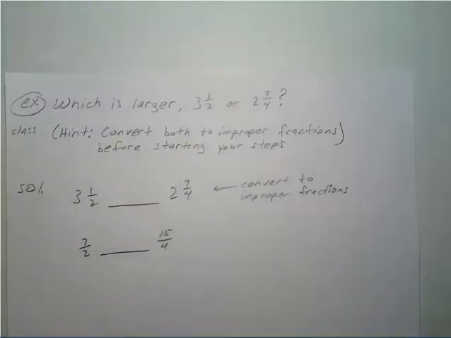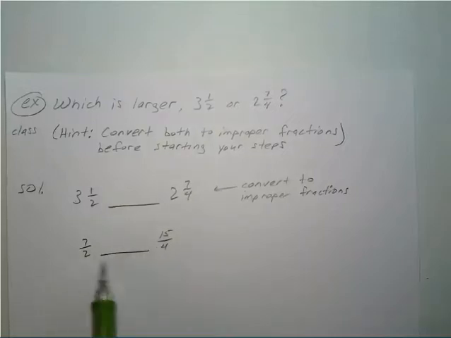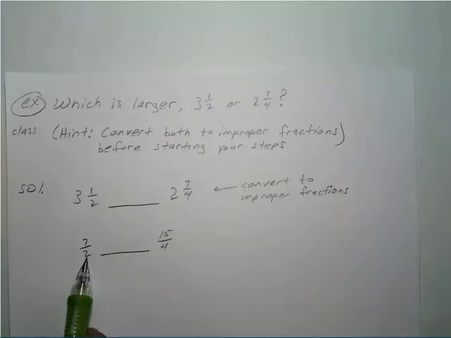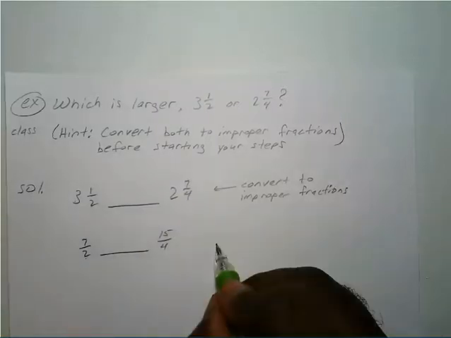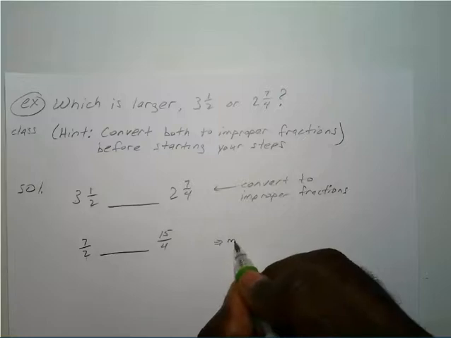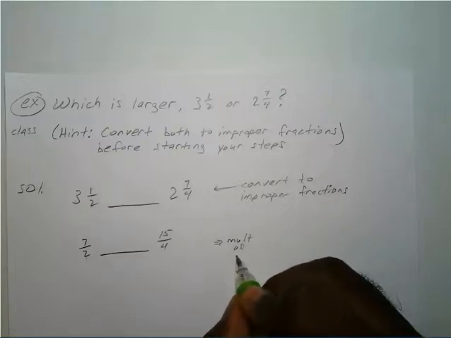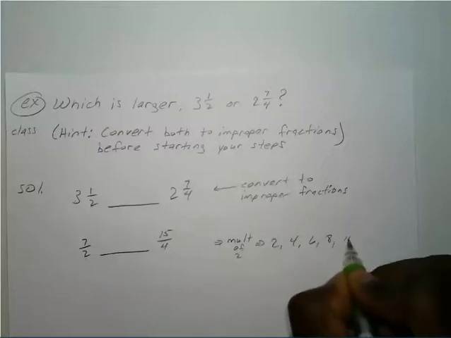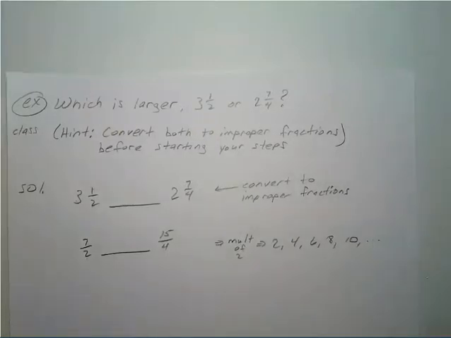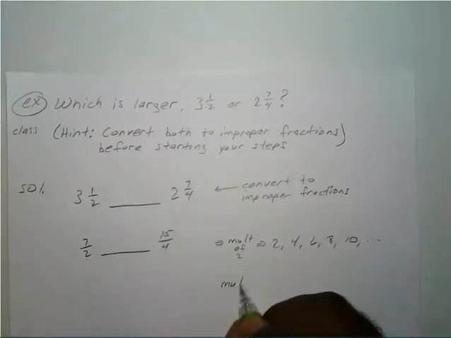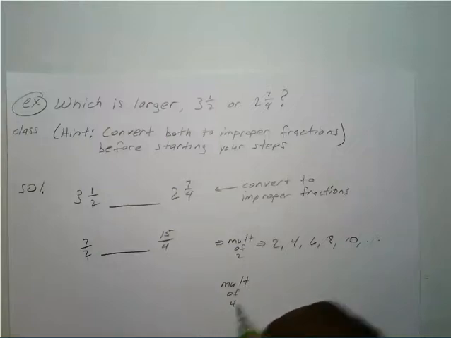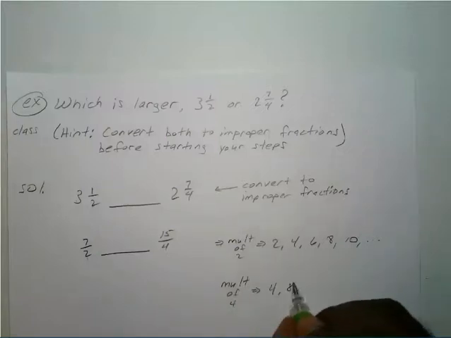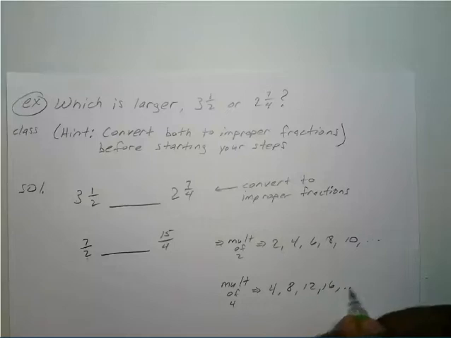Okay, so we have 7 over 2 and 15 over 4. Now we can go ahead and compare those fractions. So we find our least common denominator, which means we have to find the multiples of 2: 2, 4, 6, 8, 10, etc. And the multiples of 4 are 4, 8, 12, 16, and it keeps on going.